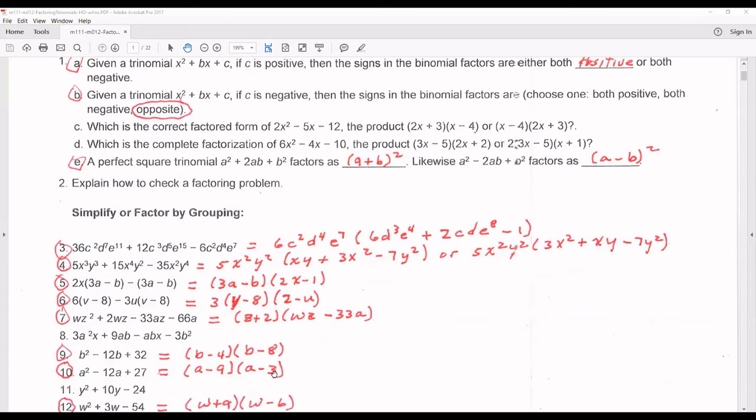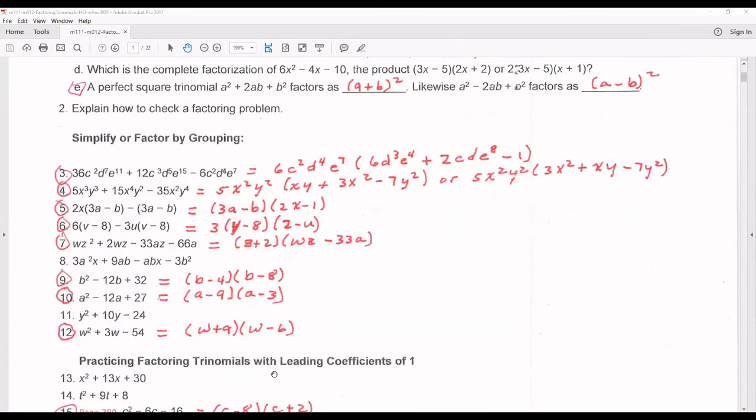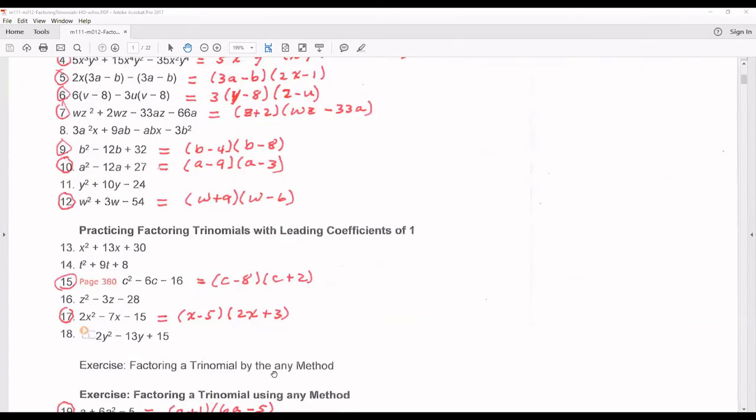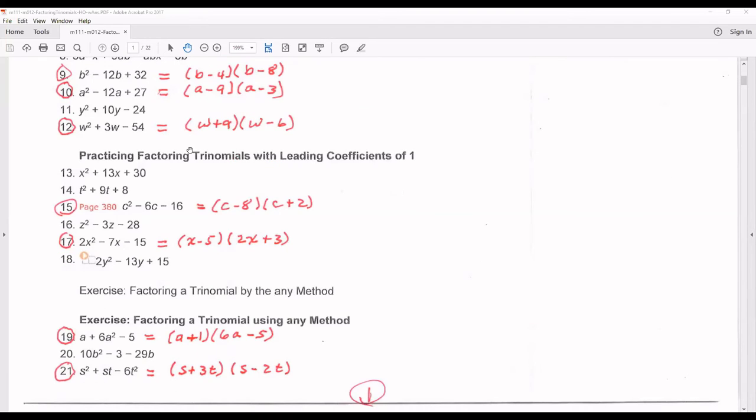That's just standard factoring. Number 10, x minus 9 times x minus 3. Number 12, w plus 9 times w minus 6. Number 15, c minus 8 times c plus 2.